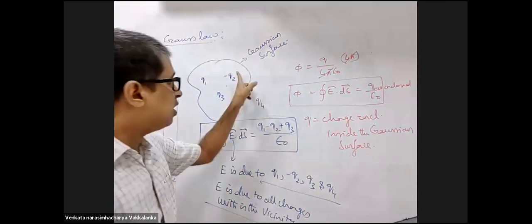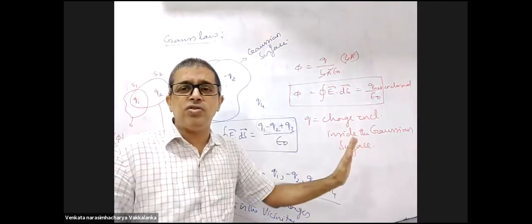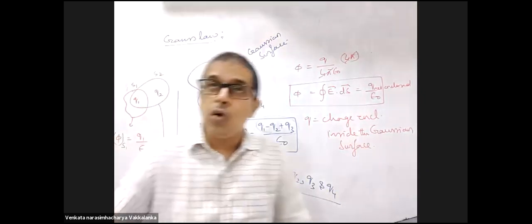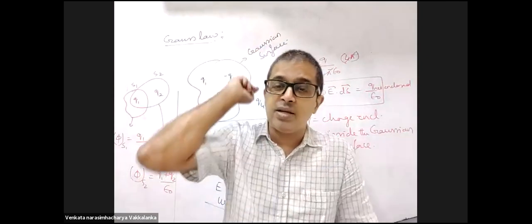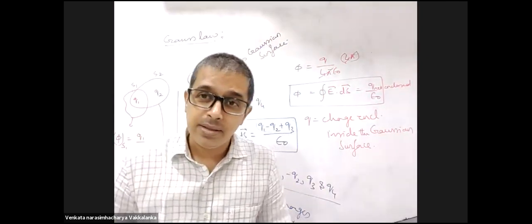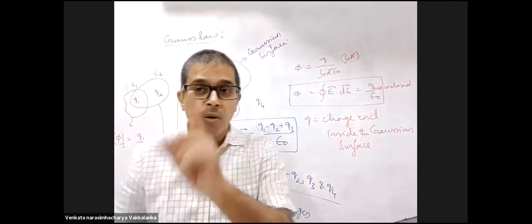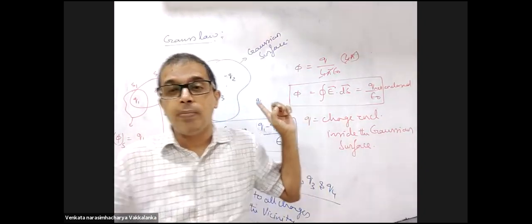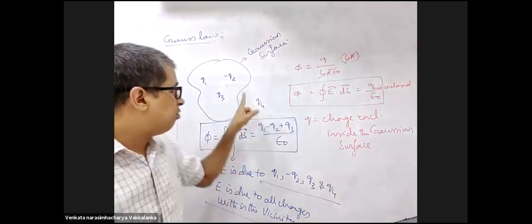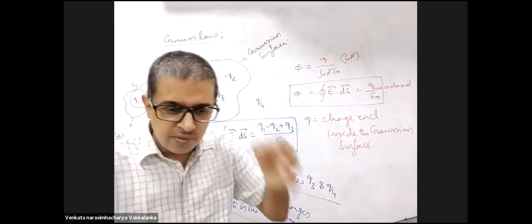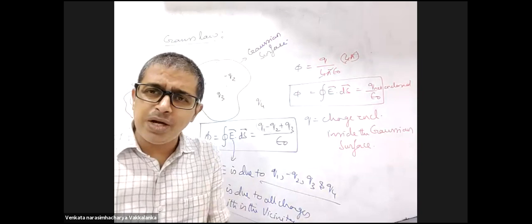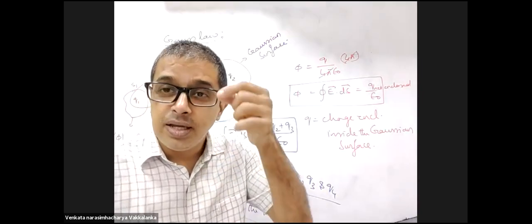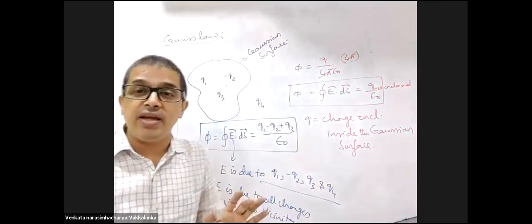If I keep a surface open, nothing of this theory will be applicable. Why? Only for a closed surface is the angle subtended inside 4 pi. The moment it is not a closed surface, I think a million times before applying this. For any closed surface, flux will be only because of charges inside the surface.